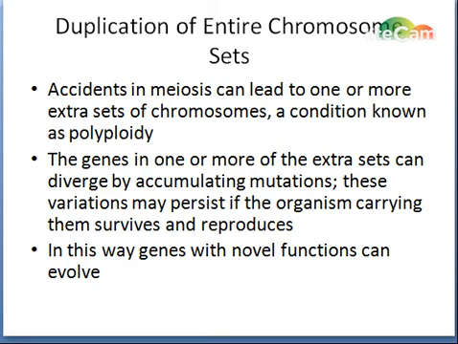The genes in one or more of the extra sets can diverge by accumulating mutations, and they can diverge without affecting the organism because there's still another set of chromosomes that are the original. The variation in the mutated sets can be passed on to future generations and persist if the organism carrying them survives and reproduces. So this is one way that genes with new functions can evolve.